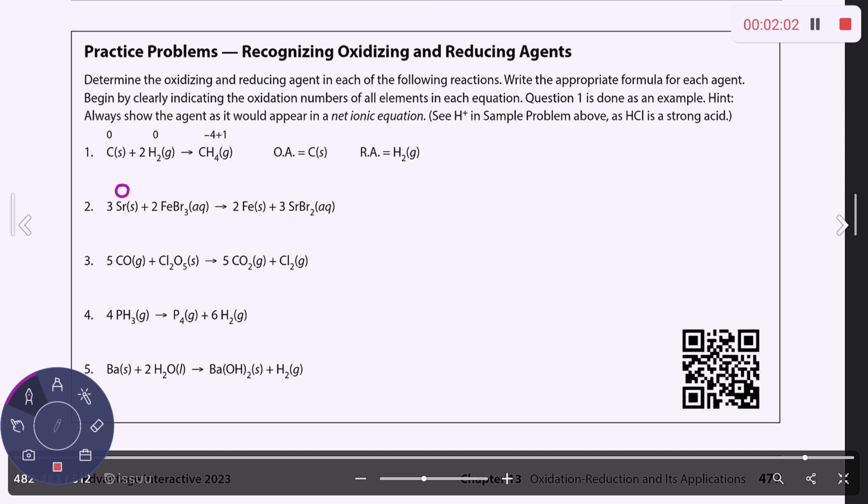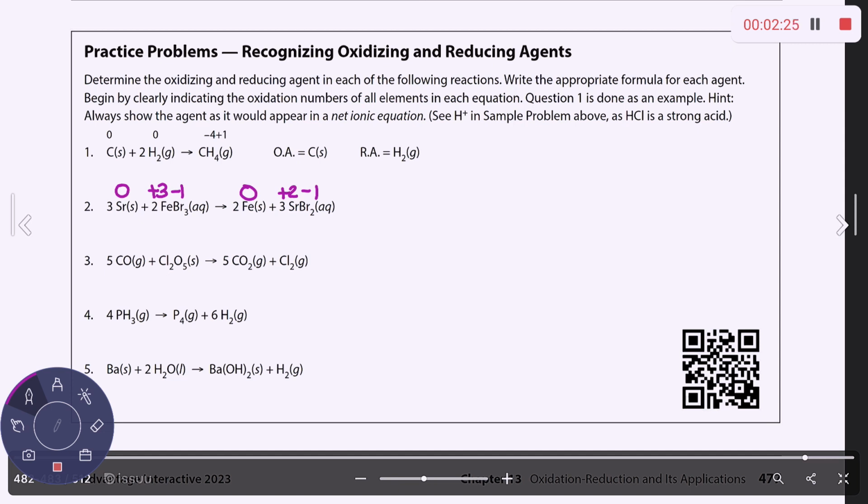So bromine's usual charge is what? -1. So that means iron would be what? +3. And then over here, this is elemental iron, so it would be 0. And then strontium has an assigned charge. What would it be?